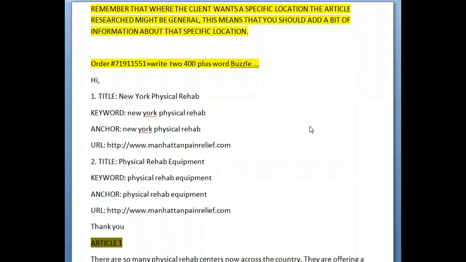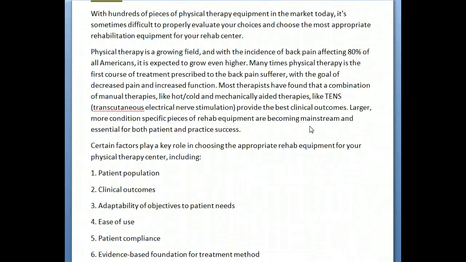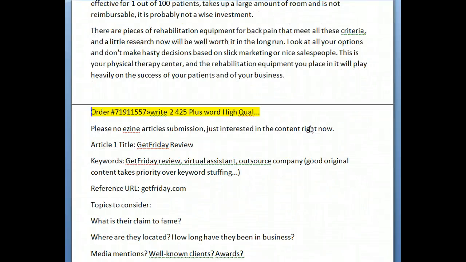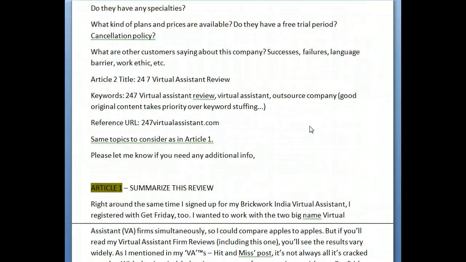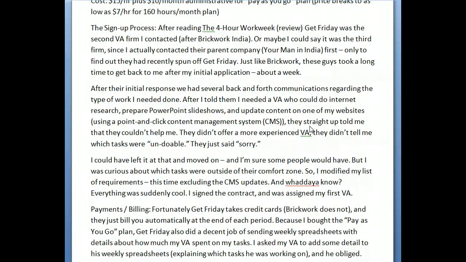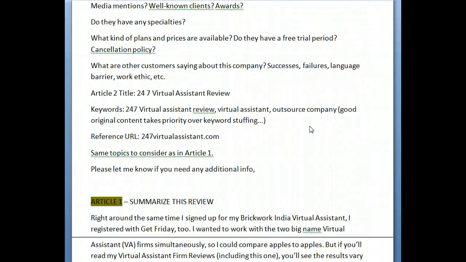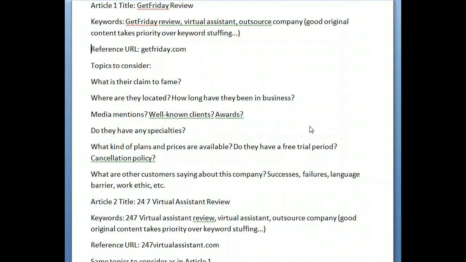Now, none of them really matter with the exception of a ClickBank review. 90% of the time, the client who asks for a ClickBank review wants a positive review on the particular product from ClickBank, or just a general review: does it work, does it not work, etc. In the case here, we have a specific ClickBank review where the client is asking for a particular website, which I think is supposed to be getfriday.com, a virtual assistant website.